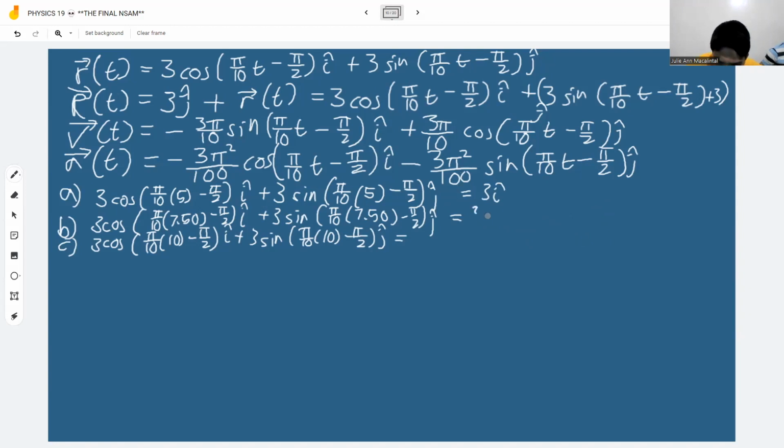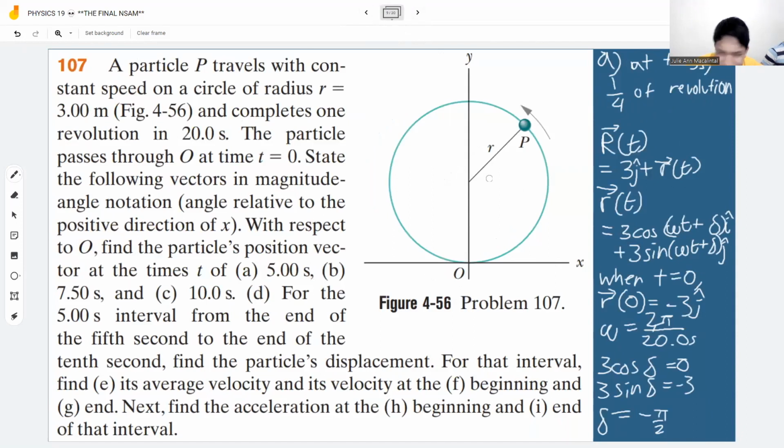Seven 7.5. Wait, does this make sense? Teka, position vector yung nahanap, di ba? So letter A. Parang may kulang.